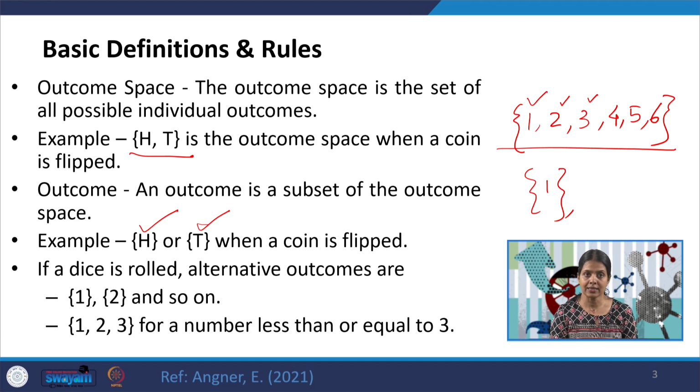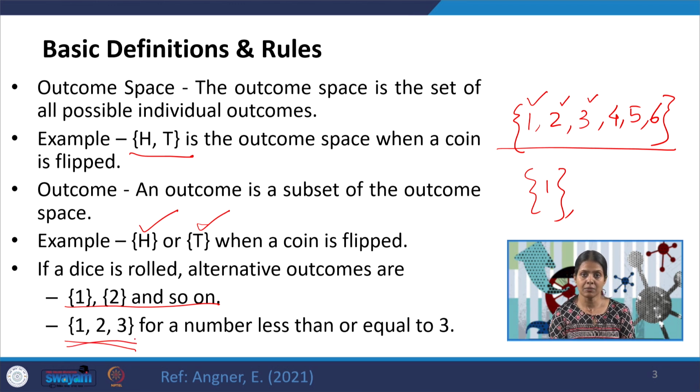On the other hand, if a dice is rolled, there are alternative outcomes. The way it can be 1, 2, 3, 4, we can also have outcomes like 1, 2, 3 together for a number less than or equal to 3. So, if we are interested in an outcome where we are looking at the possibility of a number turning up which is between 1 and 3 both inclusive, then this would be the outcome.